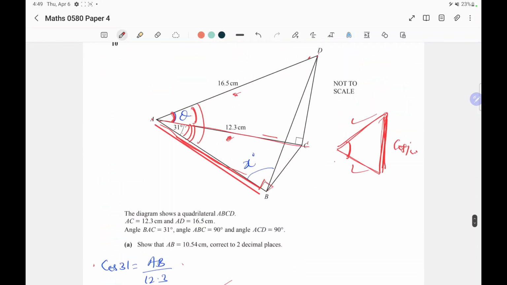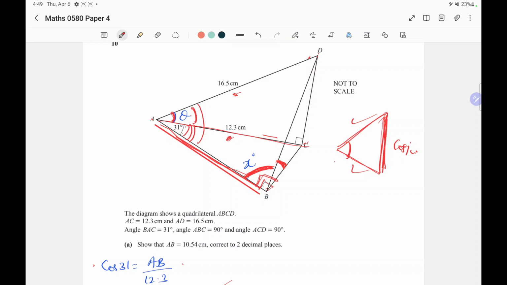Now calculate angle CBD. Where is CBD? It means I have to find this angle, right? But you know that this complete angle is 90. If somehow I get this angle, then I will subtract it from 90 to get this. So I consider this angle x, and I need to find x. I can find x by application of sine.